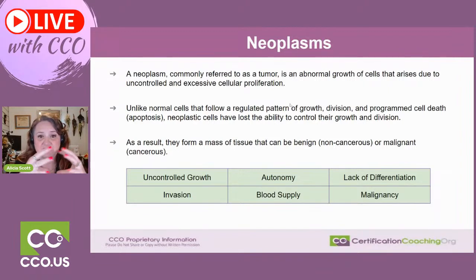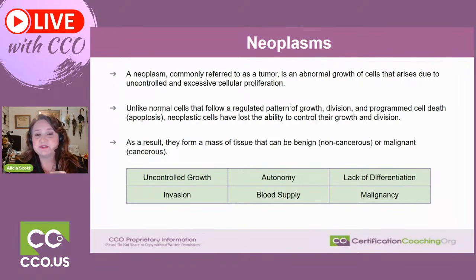Ultimately, it develops in a mass of cells that don't conform to what they're supposed to be doing. And if in some instances it becomes malignant, that means that it decides to spread. Both benign and malignant cells can be invasive. However, they both can be life threatening.